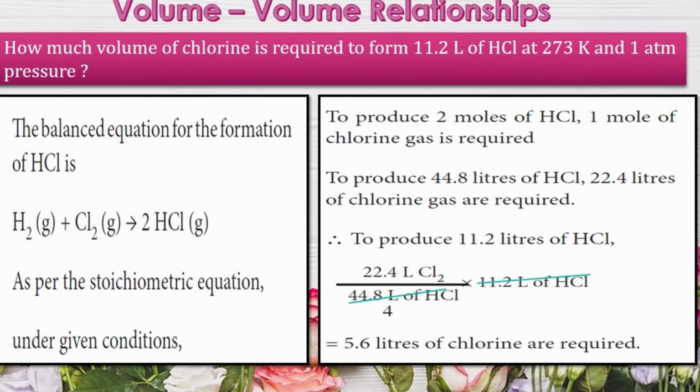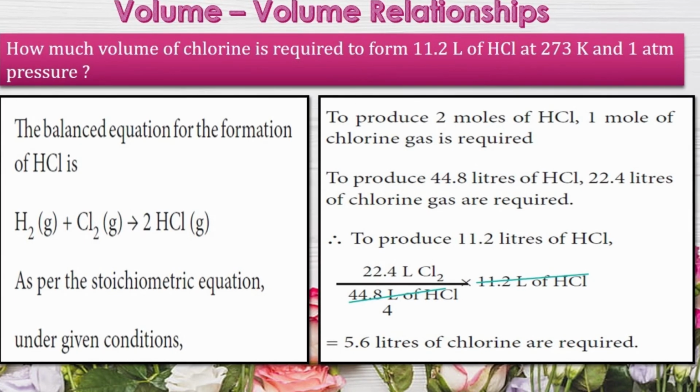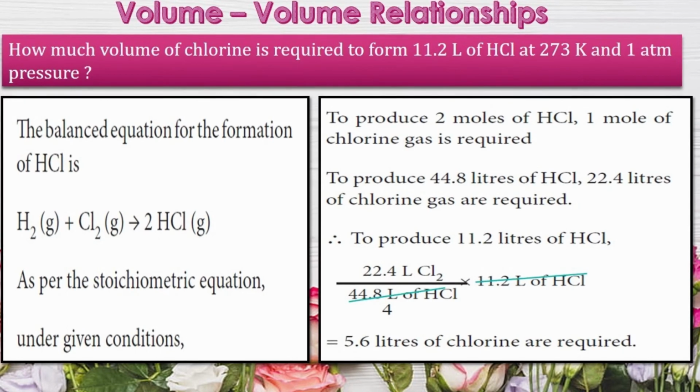The same way we will understand this relationship also with the help of a numerical. Here the question given is, you have to calculate how much volume of chlorine gas is required to produce 11.2 liters of hydrogen chloride gas.